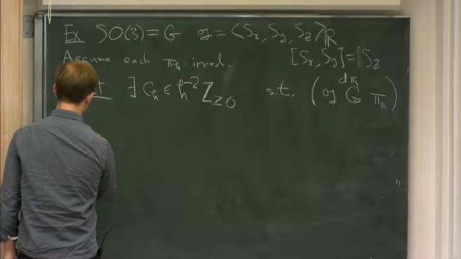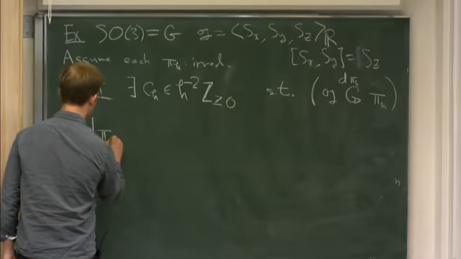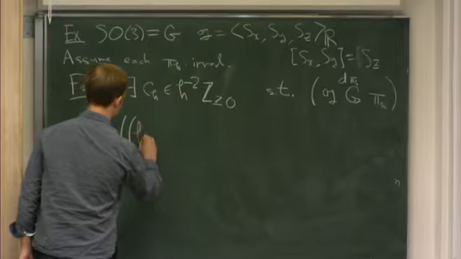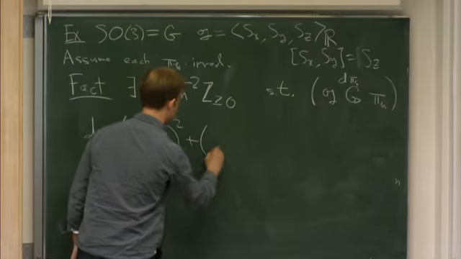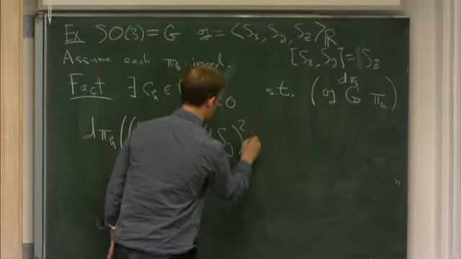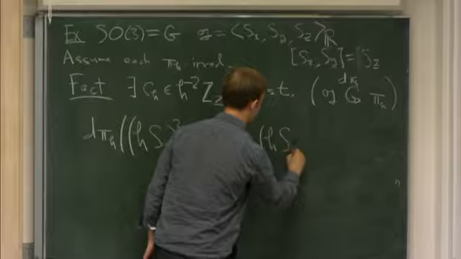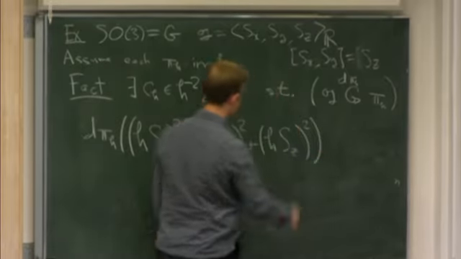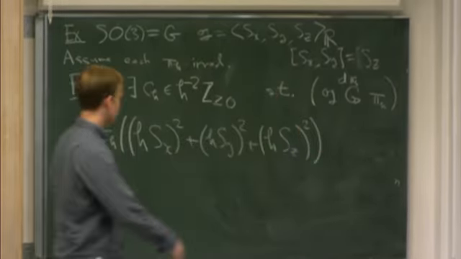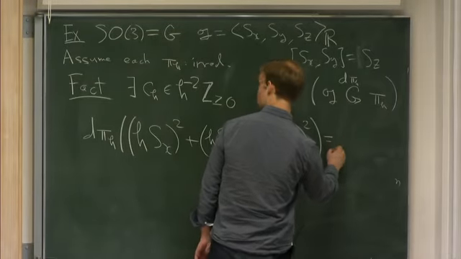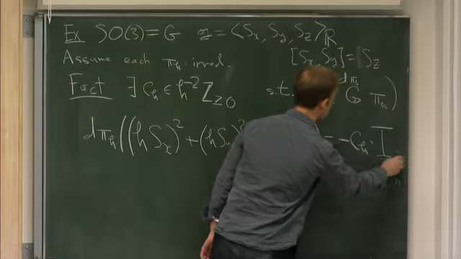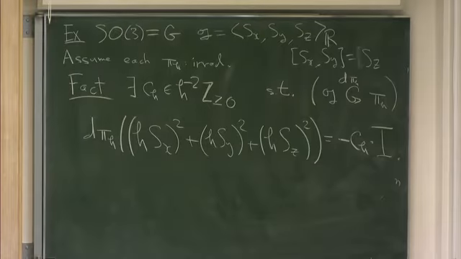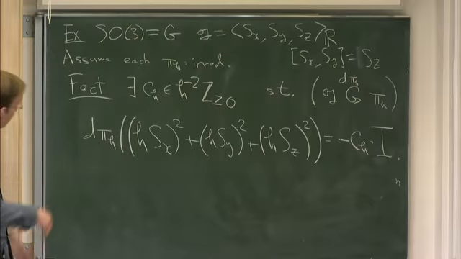And the assertion is then we can make sense of dπ_h at sums and products of tensors, and this will be exactly negative c_h times the identity operator on π_h. This is the assertion that a representation has a Casimir eigenvalue.